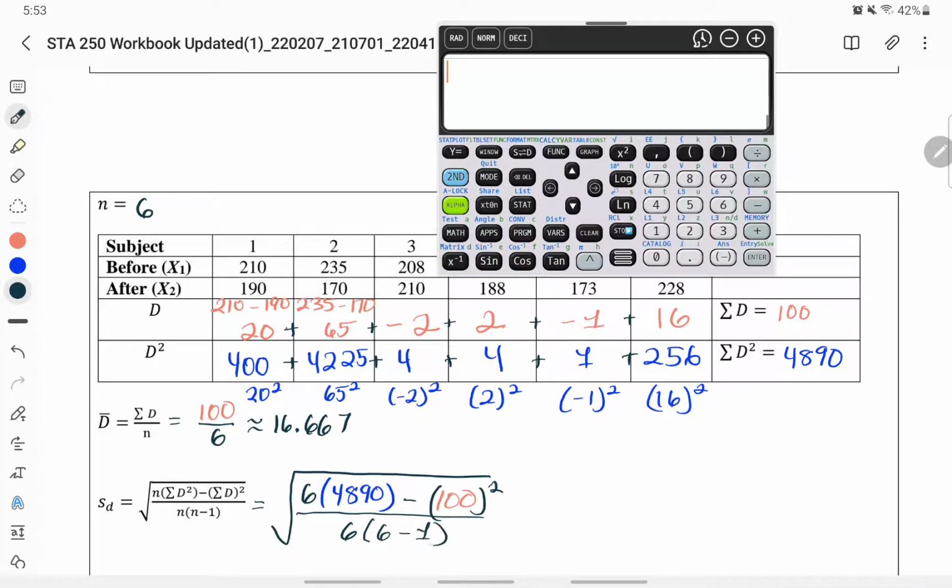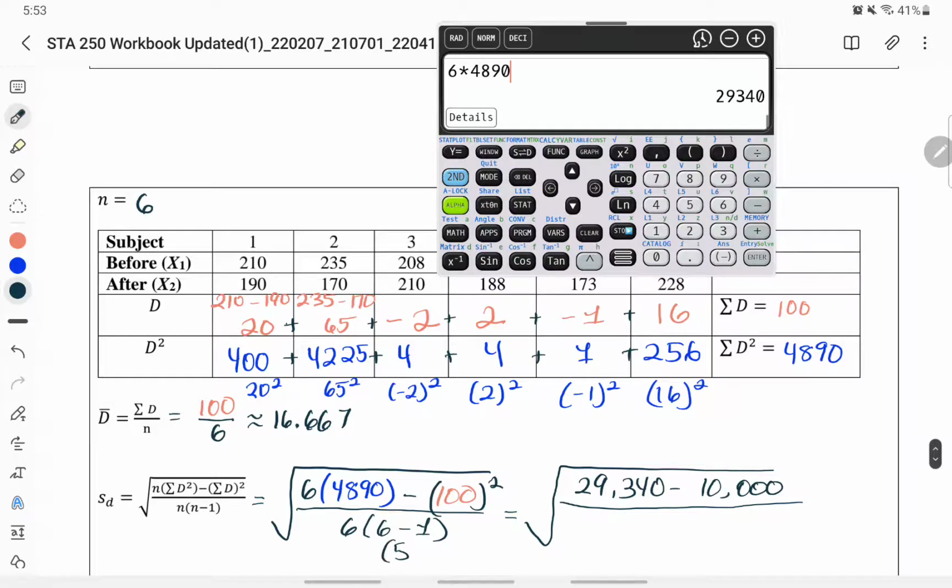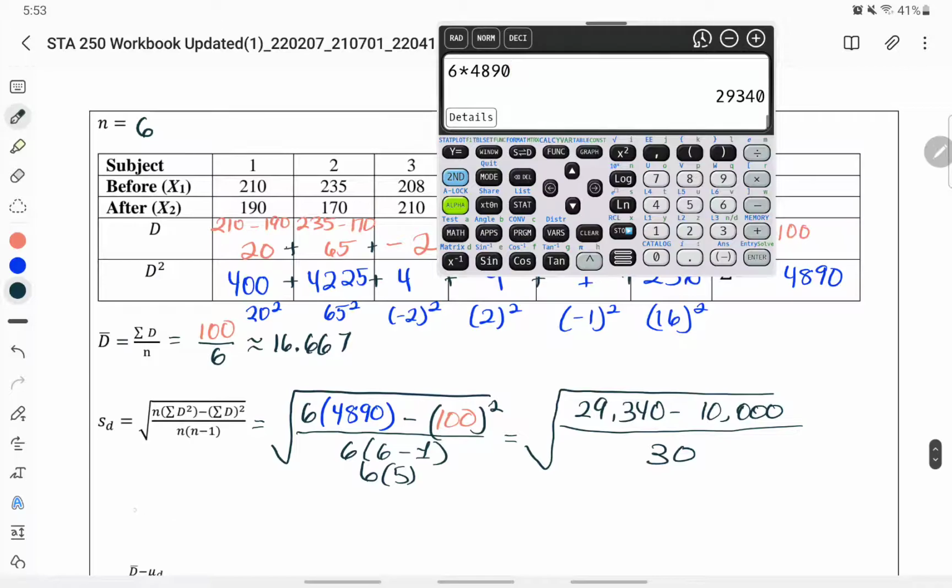So 6 minus 1. 6 times 4,890 is 29,340. When you square 100, that is 10,000. And the bottom is just going to be 30. Because this is 5. 6 times 5 is 30. If you subtract the tops, that is 19,340 divided by 30.